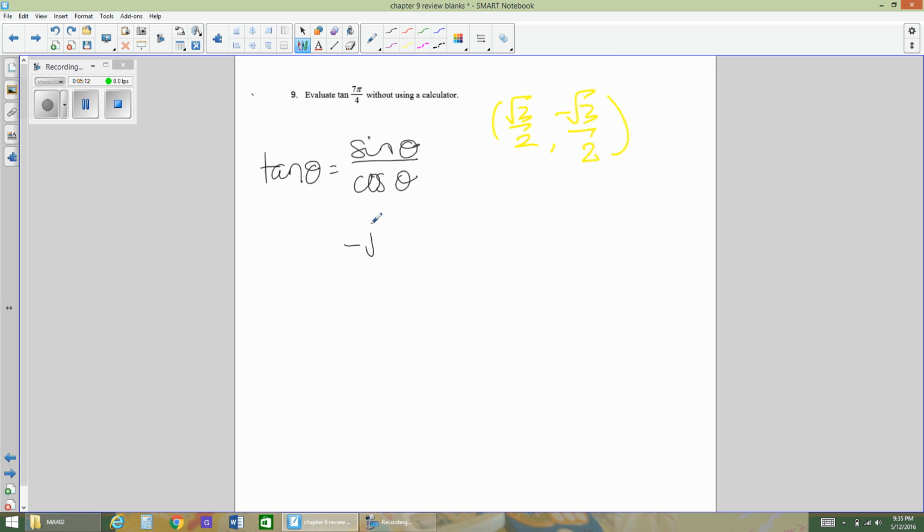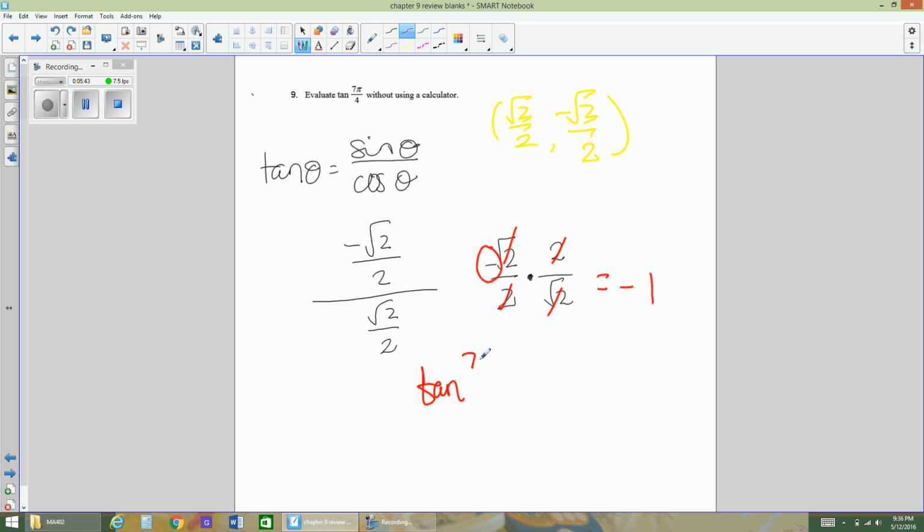So that's negative radical 2 over 2 divided by radical 2 over 2. Whenever you have a fraction divided by a fraction, all you're really doing is multiplying by the reciprocal, and check out what's about to happen. 2's cancel, rad 2's cancel, and the answer is -1, which means the tangent of 7 pi over 4 is -1. Yay!